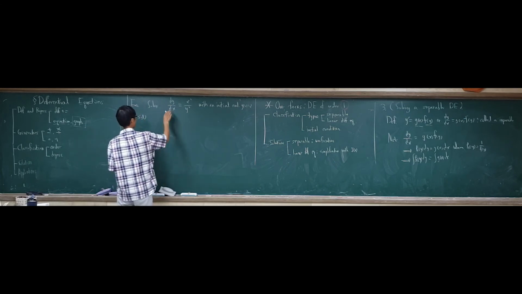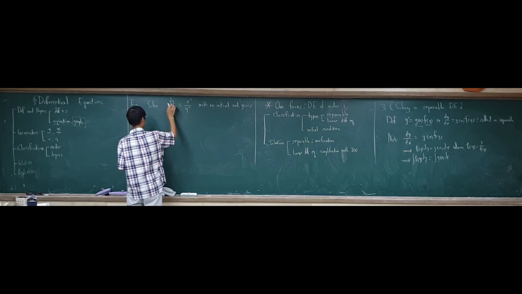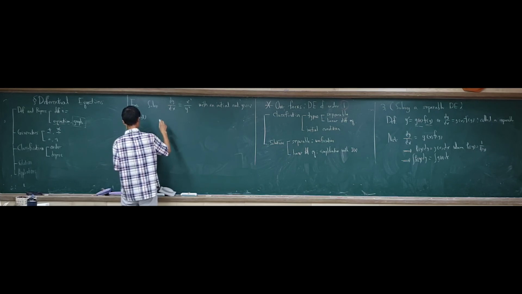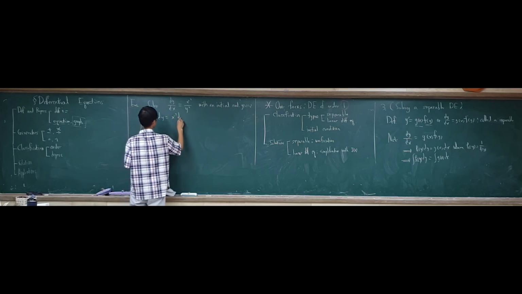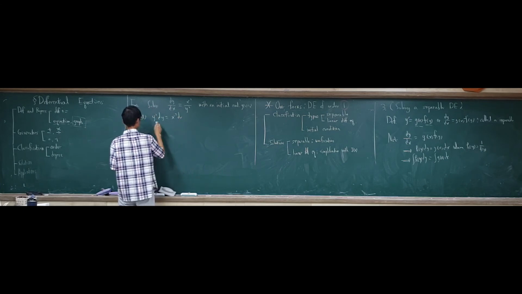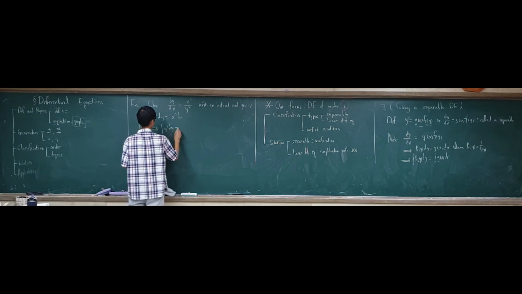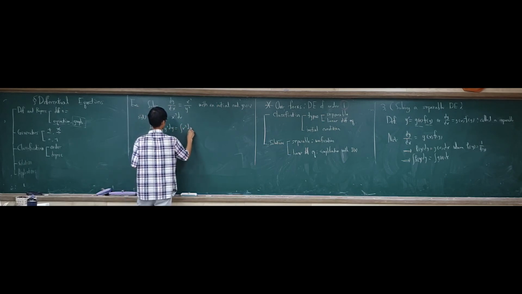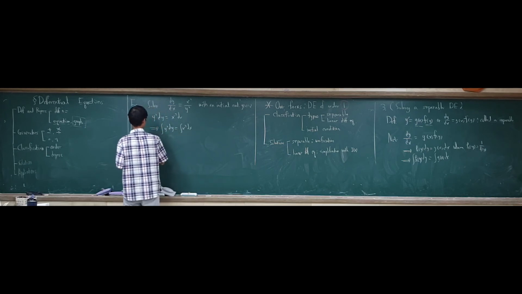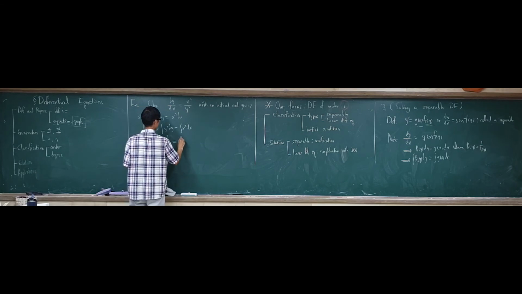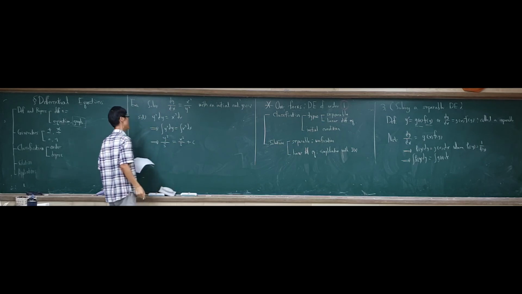So we collect terms which have y and which have x respectively. Then y squared dy is equal to x squared dx, and by integrating both sides, we have such an equation, and then we can see that this can be transformed in this way.